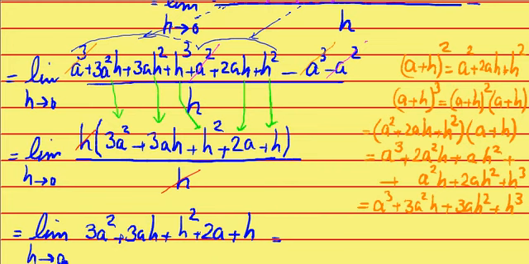When h goes to 0, these expressions tend towards 0. So h is getting small, times any number in front makes it 0. This one goes to 0, this one goes to 0. You are left with just 3a squared and 2a.